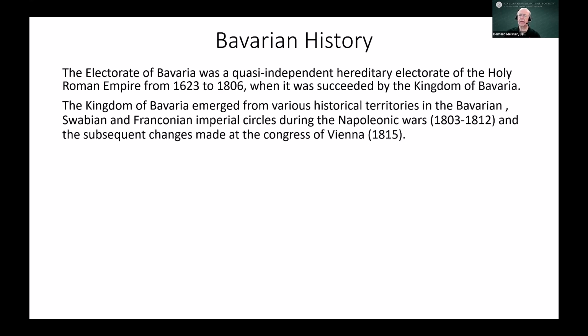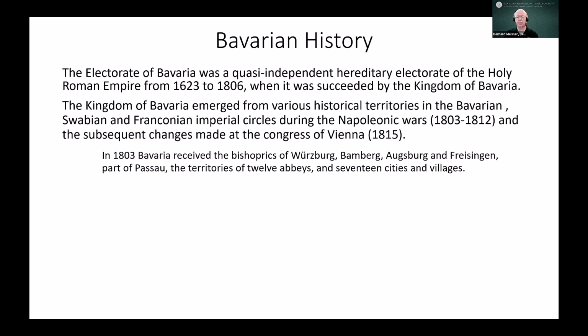And when Napoleon came in, he sort of got rid of a lot of the bureaucracy and consolidated a lot of stuff. So between the Napoleonic Wars and then the Congress of Vienna, what became Bavaria was a good bit larger than what it had been before.